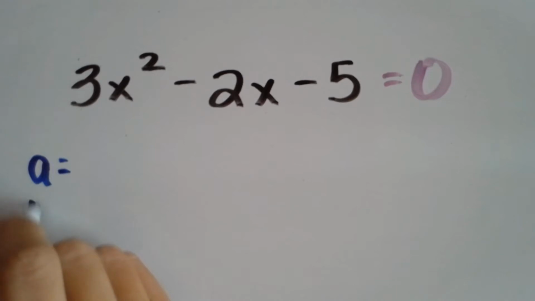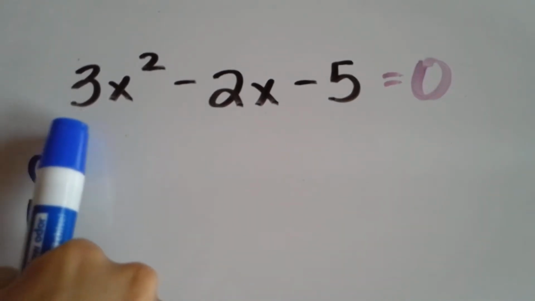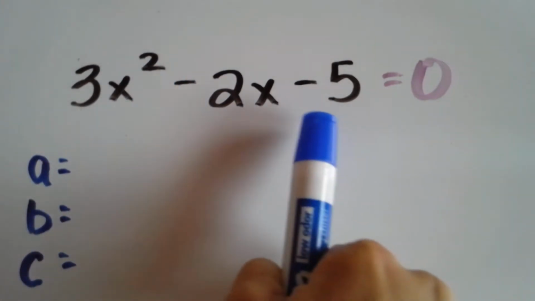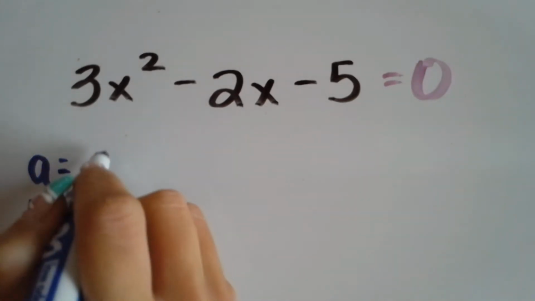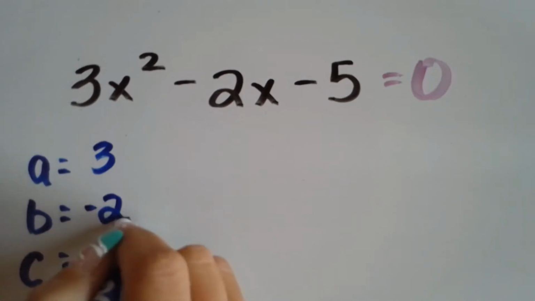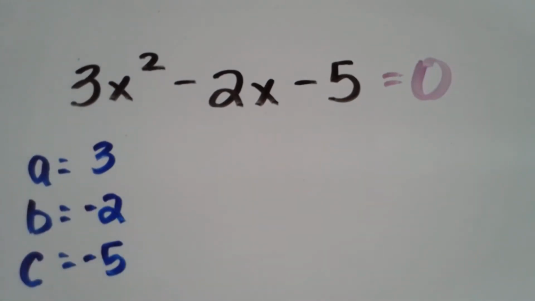So A, B, C, okay? A, because it's with the x squared, B, because it's with the x, and C is going to be with our negative 5. So our A is 3, our B is negative 2, and our C is negative 5. Okay?